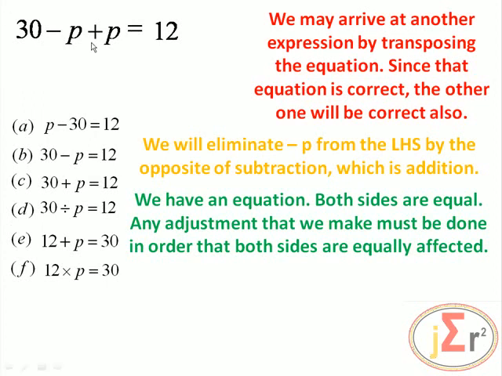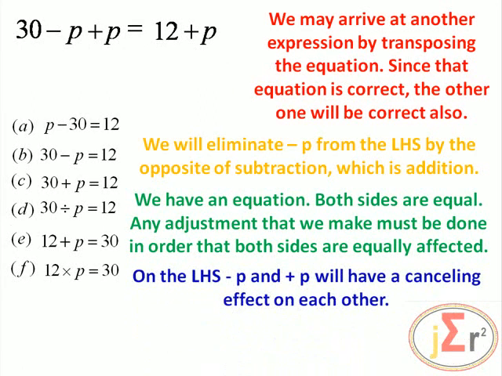So we have affected the left hand side by adding p, intending to eliminate the negative p from this side. However, by adding p on this side, we also need to add it on the other side. For an equation, we need to do the same thing on either side in order that it will remain consistent.